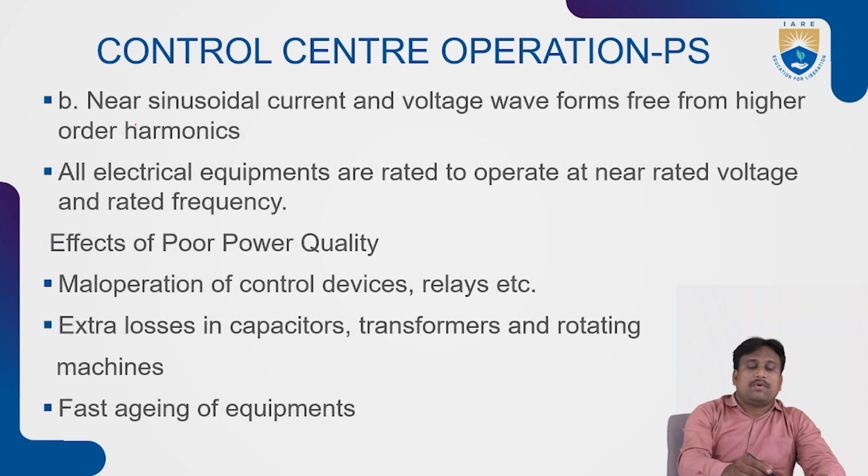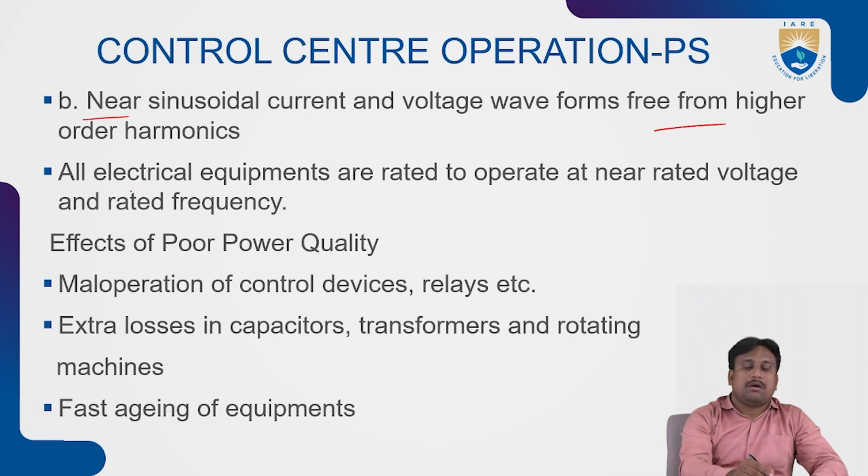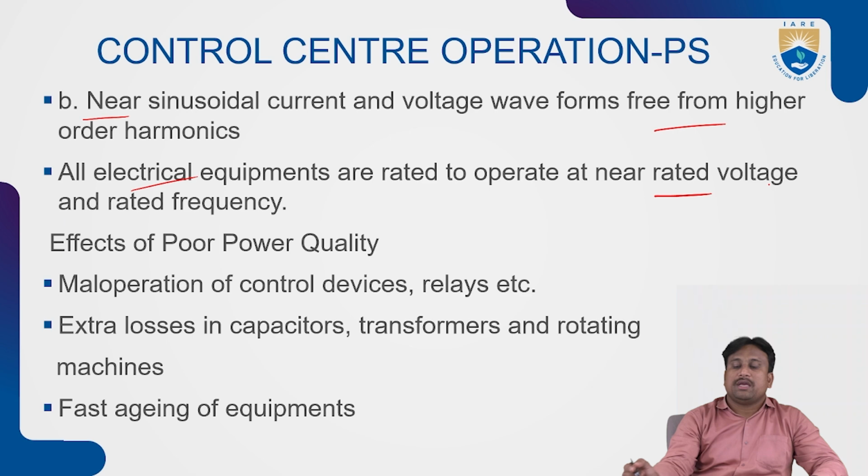One more consideration is near sinusoidal current and voltage waveforms which are free from higher order harmonics. All electrical equipment is rated to operate at near the rated voltage and rated frequency. So the effects of poor power quality must be considered.